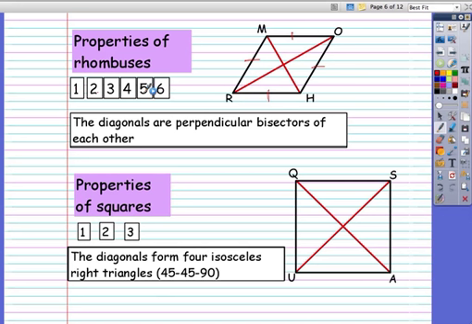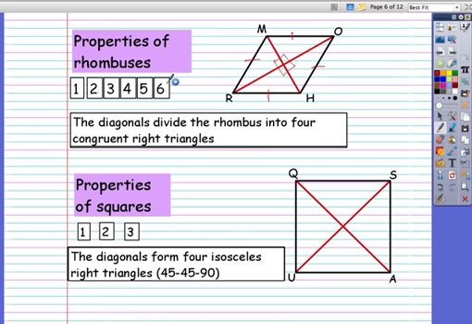The diagonals are perpendicular bisectors of each other. So in a rhombus, my diagonals will intersect at 4 right angles, and it divides each one of the diagonals into two congruent halves. So this piece is the same length as this, is the same as this.